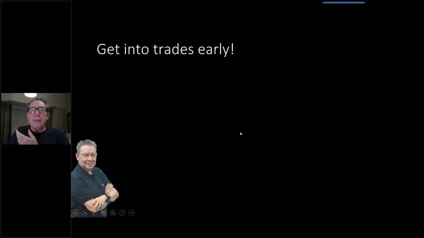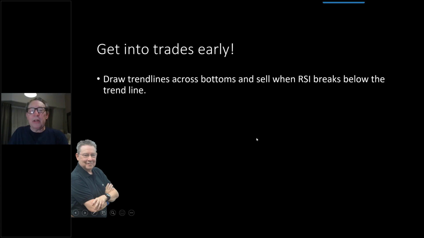So I'm about to show you an innovative way to use RSI. It's a little bit tricky. What we're going to do is use trend lines on the RSI indicator. First of all, let me back up a little bit. Notice that we're hardly looking at prices at all.